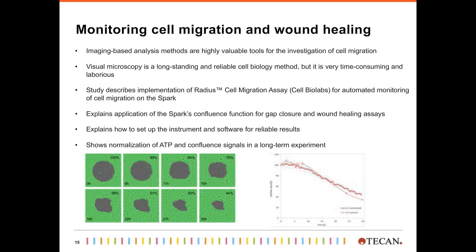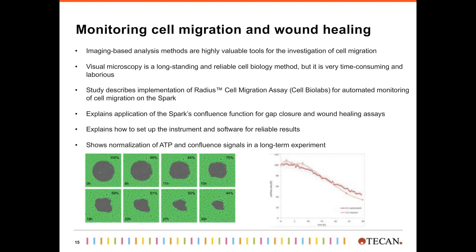To stop cell proliferation, we changed to FCS-free media and then observed the gap closure either manually with the microscope, so that means taking the plate out every hour, taking the image manually, and then doing the image analysis manually.